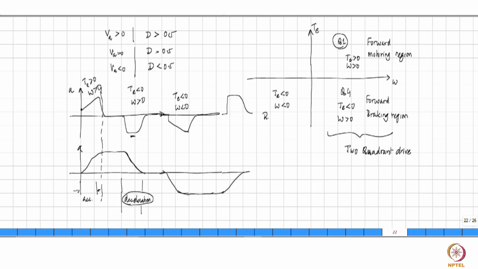So this is reverse, it is reverse but acting as a motor. And then here is where you have Te greater than 0 but omega less than 0, this is reverse braking, right? So a circuit that allows you all these 4 regions of operation, if you have everything available, is called a 4-quadrant drive.